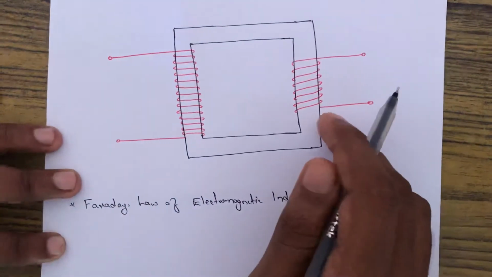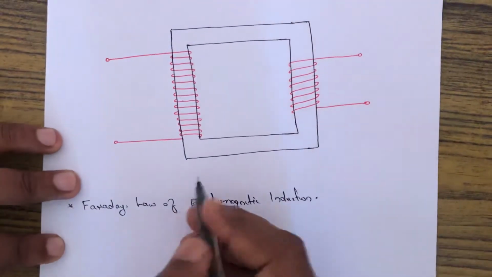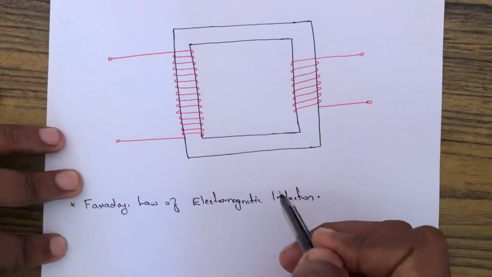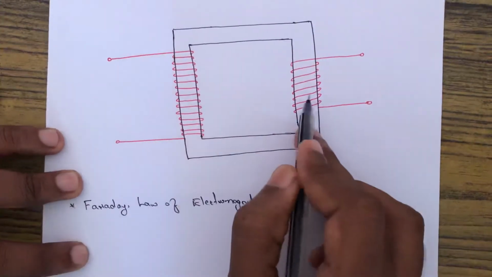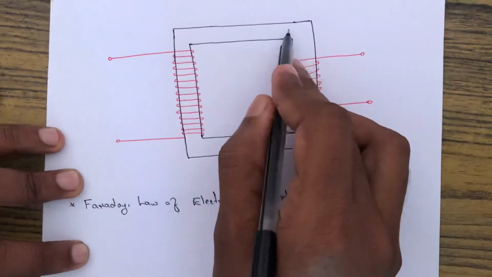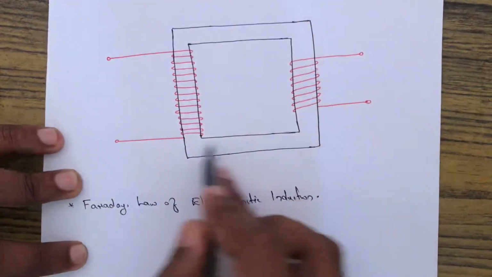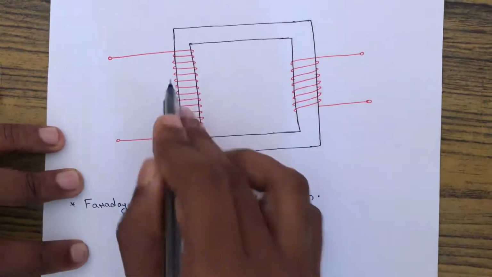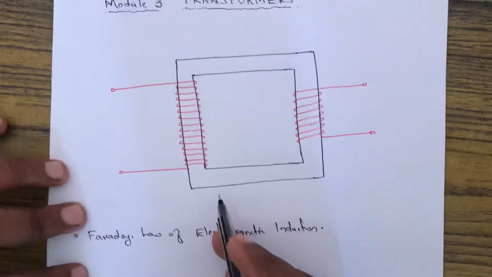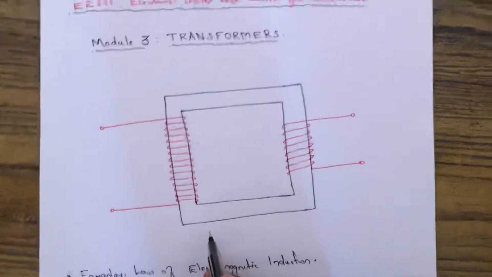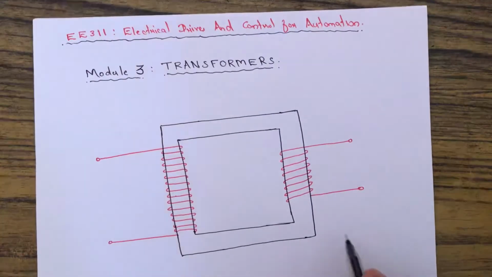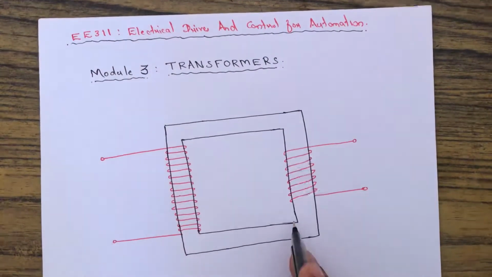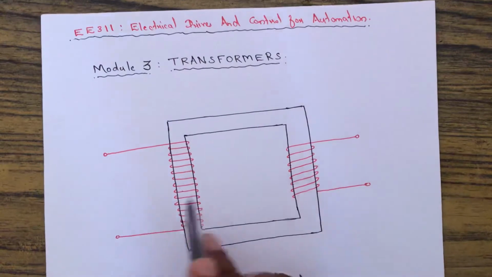Coming to the construction part, it consists of two inductive coils which are electrically separated, but magnetically linked through a path of low reluctance. Electrically they are separated, but magnetically they are coupled through a low reluctance path. A transformer consists of a soft iron or soft steel core and two windings placed on it.